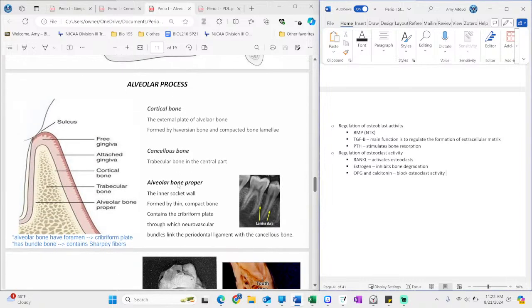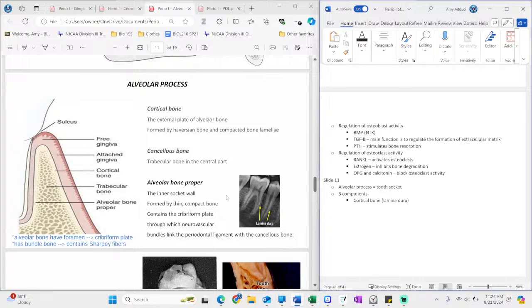Okay. So the alveolar process is the actual socket in which the root or roots of the tooth are located. And it consists of a cortical bone area that sometimes is also known as lamina dura, that you can see in an X-ray, as I imagine you are already learning with Professor Dixon, right?